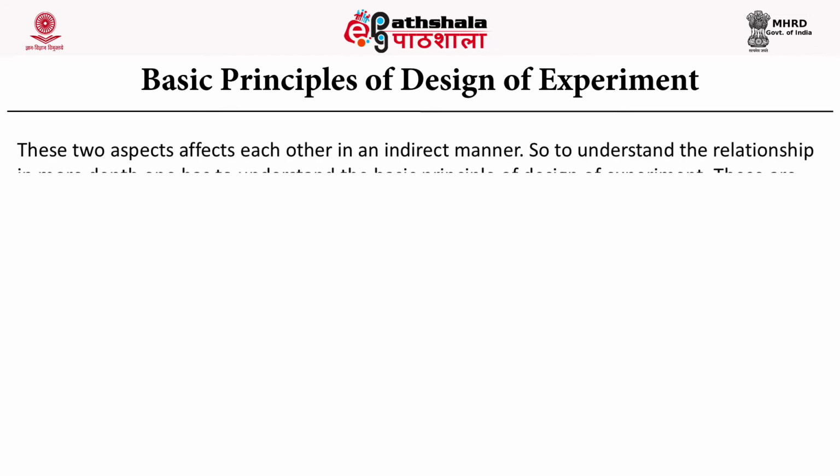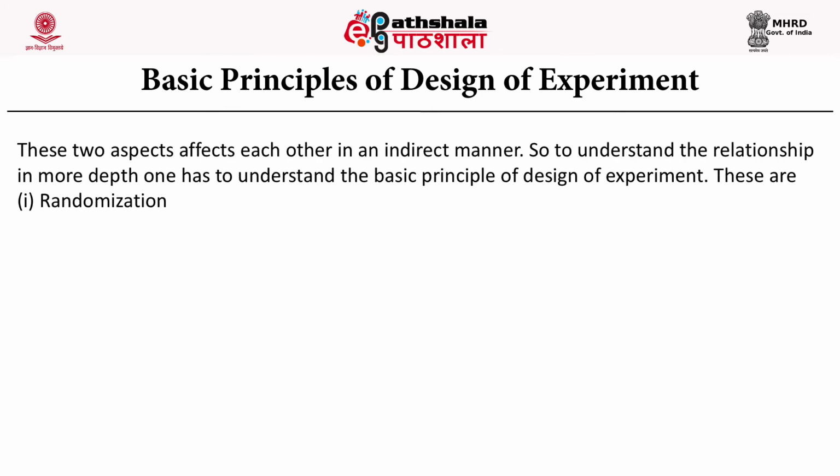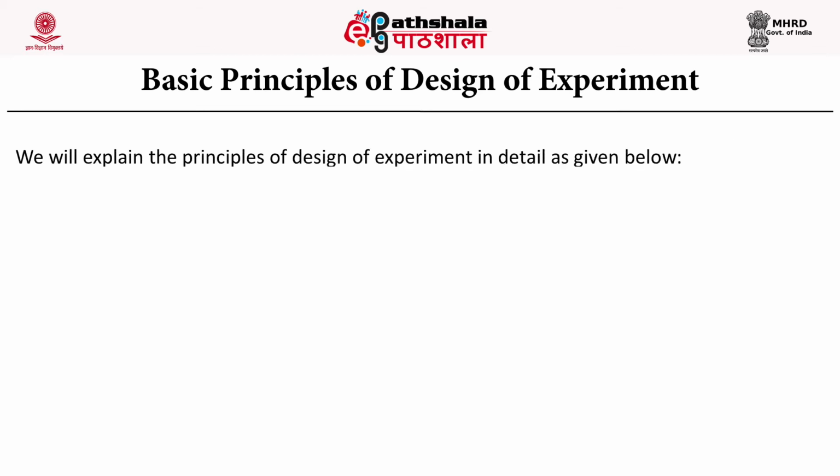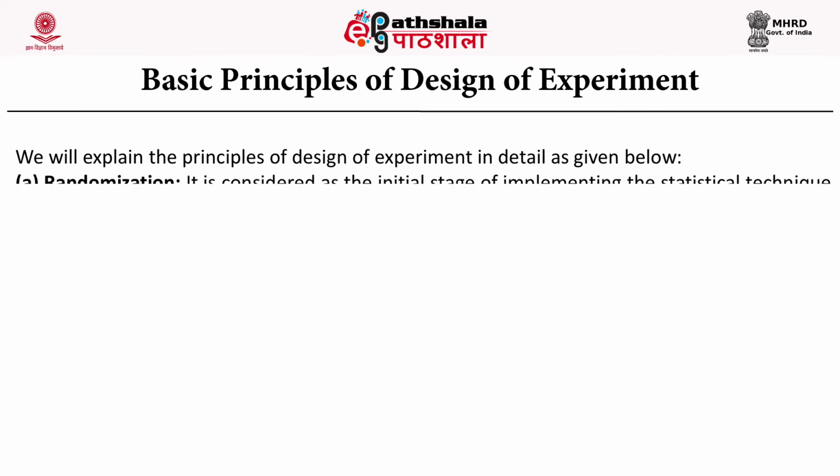These two aspects affect each other in an indirect manner. So, to understand the relationship in more depth, one has to understand the basic principles of design of experiment. These are: first is randomization, second is replication, and third is local control or blocking. We will explain the principles of design of experiment in detail as given below.